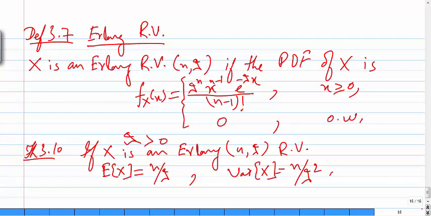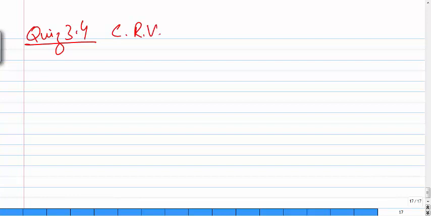Now there's a quiz, Quiz 3.4, and the quiz says that we have a continuous random variable X whose expected value is 3 and variance is 9.